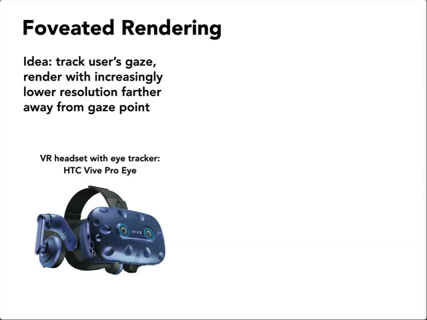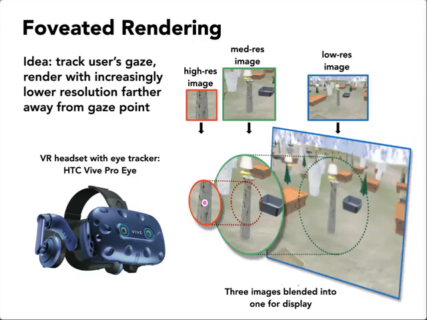There are actually headsets for which it is technically possible already to measure the eye location. The HTC Vive Pro Eye is a version of that. So this has an eye tracker inside the headset to track the gaze point of each eye. And this is a picture of foveated rendering. So you render a high-res image where the user is staring, in this case the pink point depicting the gaze point.